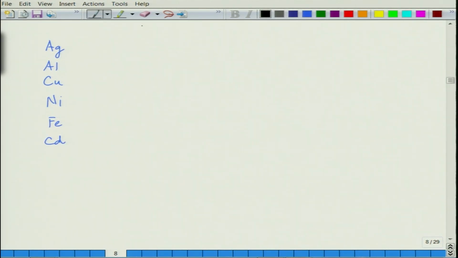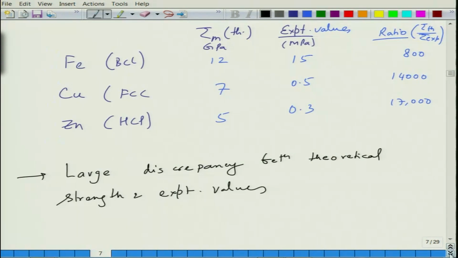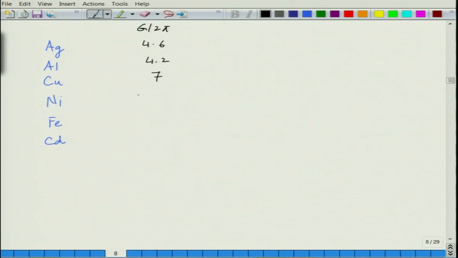For iron, if you look at G divided by 2 pi, then it is 4. For silver it is 4.6, for aluminum it is 4.2, for copper it is nearly 7, and for nickel it is nearly 12, and so let us say it is nearly 4.5. Just write the nearest possible values.